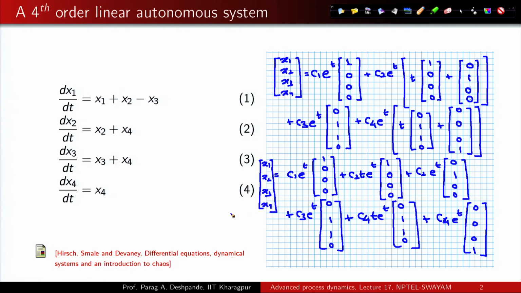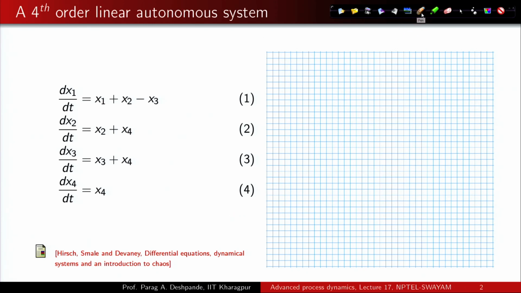So, what you will do is simplify this expression and write down the individual values for x1, x2, x3, x4. In fact, I have the final simplified expression for you.